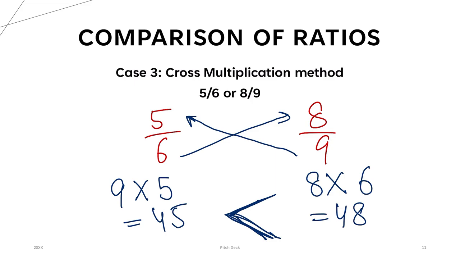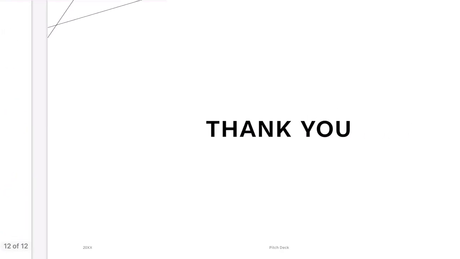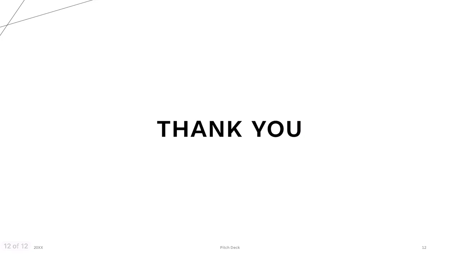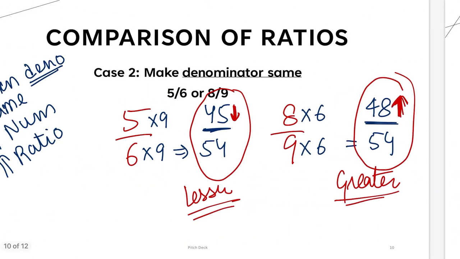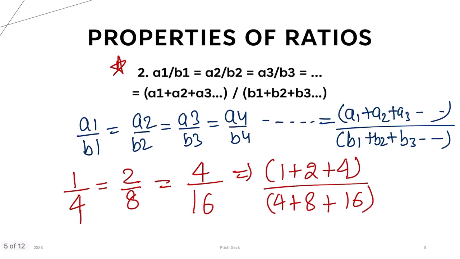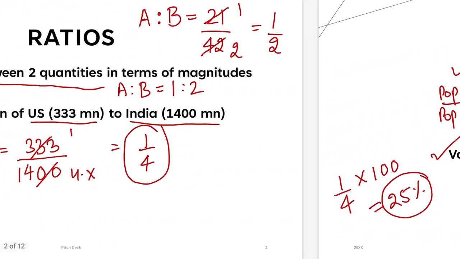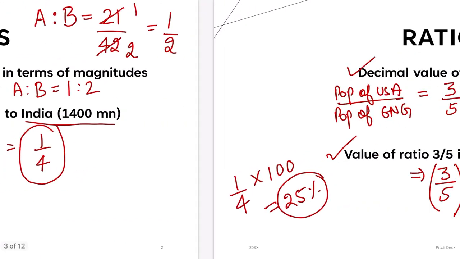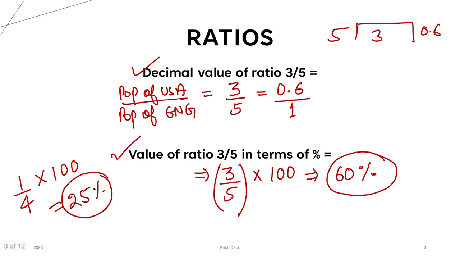We have learned 3 methods of comparing ratios. I hope this completes our ratio video. I understand this is long, but this has cleared all the concepts for ratios. Let's do a quick recap. We started with what a ratio is and how ratio helps in comparison.